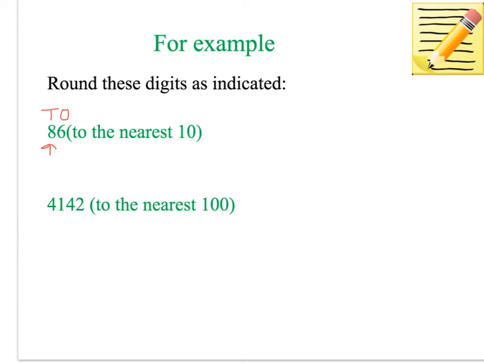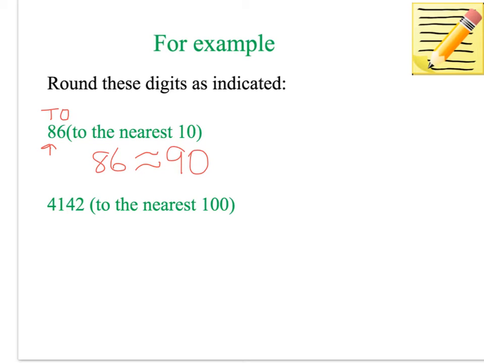And is that 0 to 4 or is it 5 to 9? So do we round down or do we round up? Now, 6 is obviously between 5 and 9, so we need to round up. So 86 is approximately equal to 90. So it's closer to 90 than it is to 80.